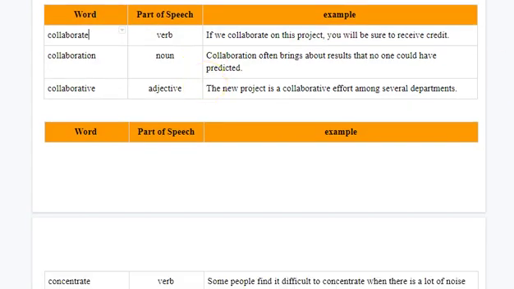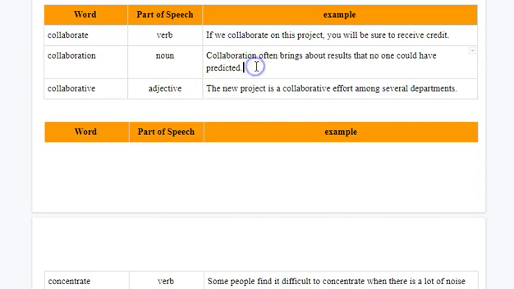Collaborate. Verb. If we collaborate on this project, you will be sure to receive credit. Collaboration.